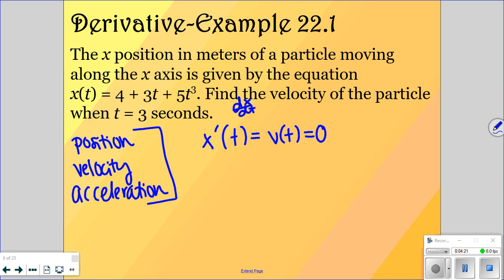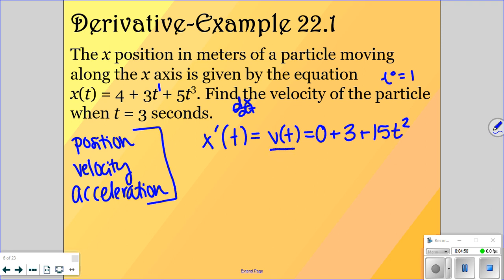So 0 plus, what is the derivative of 3t? There's an understood 1 here, so we're going to bring it down. 3 times 1 is 3, and then we're going to have t to the 0. T to the 0 is 1, so we don't have to write it. And then plus 5 times 3 is 15, and then t squared, because you have to reduce it by 1.